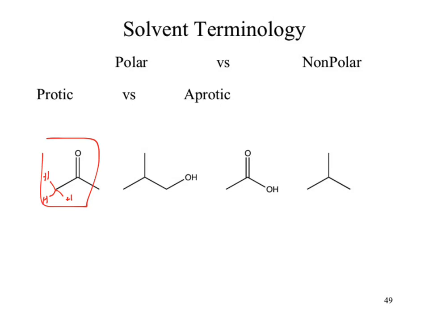Just because it has hydrogen, does that make it protic? To be protic, what did we need to have? A partially positive hydrogen. Are those hydrogens partially positive? Why not? They're connected to carbon, and the difference in electronegativity between carbon and hydrogen is by definition the same. So there we go. That first one cannot be protic.